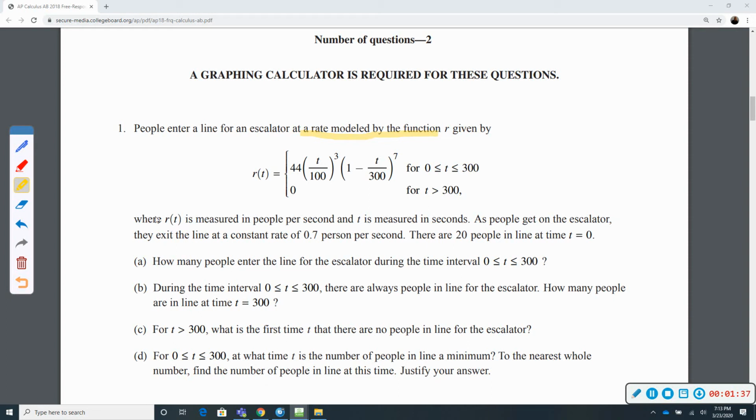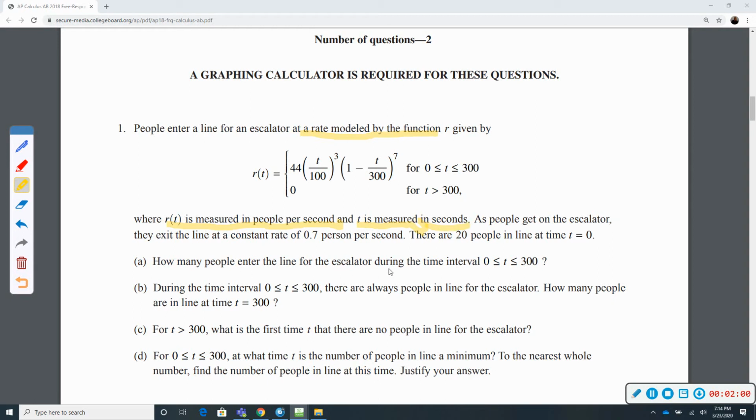That's very important for us. We need to know the units because this is one of the 9 points you can get for one of these problems for a free response question. And t is measured in seconds. So again, I need to have this part also highlighted such that I can keep it in mind.